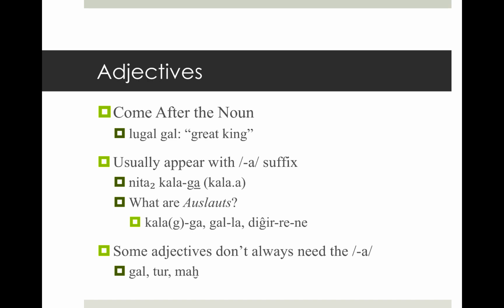They won't show up all the time with an A at the end. So don't be surprised if you see it with an A. If you don't see it with an A, don't be surprised. It can occur either way. You'll find, though, that some adjectives occur almost always with an A. Some adjectives almost never occur with an A. And it just comes with reading.